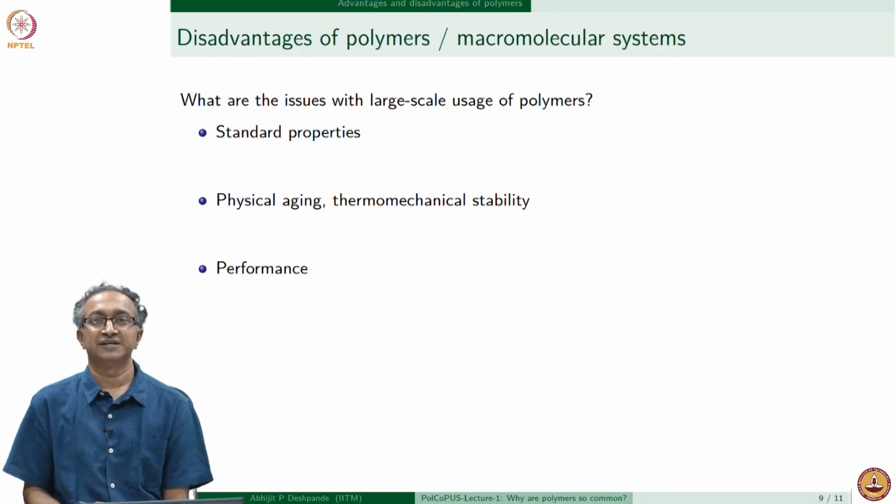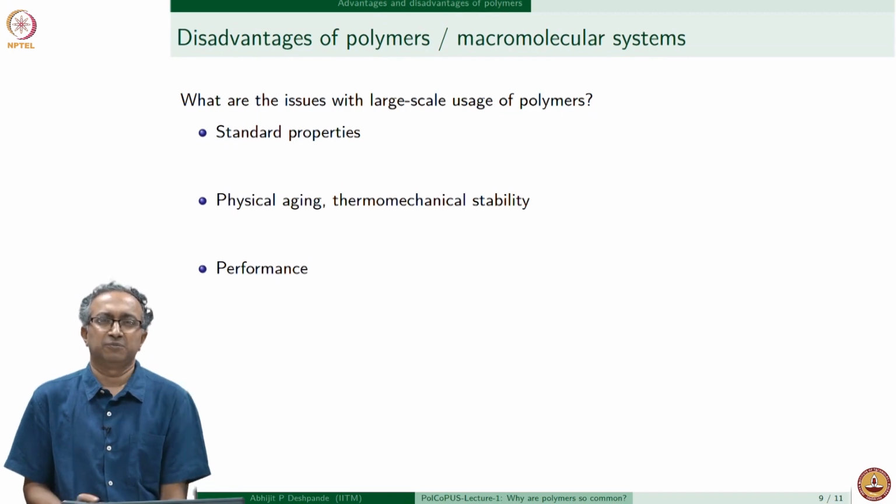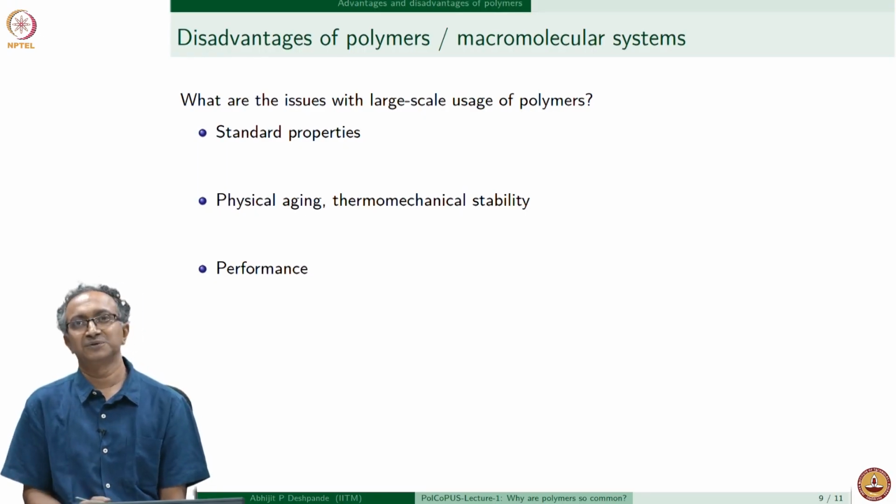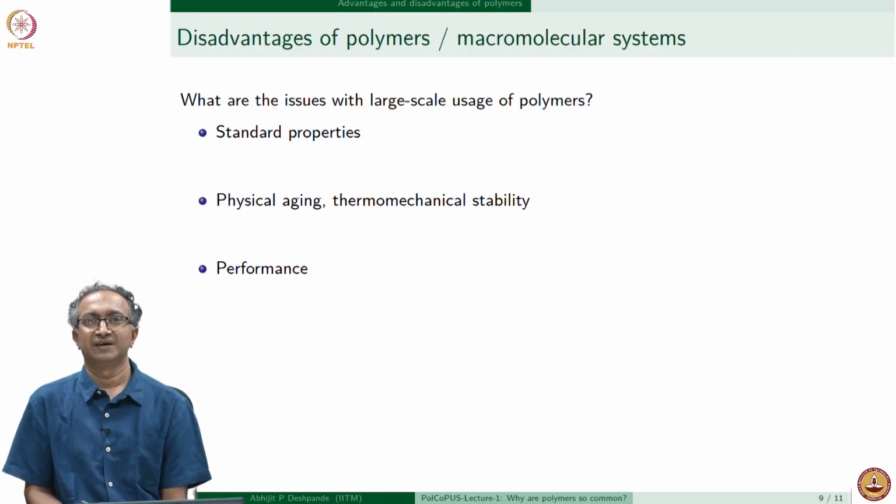We can optimize, we can improve those properties, we can try to make better properties, but in the end there is a limitation related to the physico-chemical nature of polymers and its properties. For example, polymers we know are insulators. Now, if we want conducting polymers, then is it possible? Of course, we know now that conducting polymers are also there, but again, the conductivity of a conducting polymer is not going to be the same as a copper conductor. And so clearly there is an issue related to performance depending on the nature of the material itself.